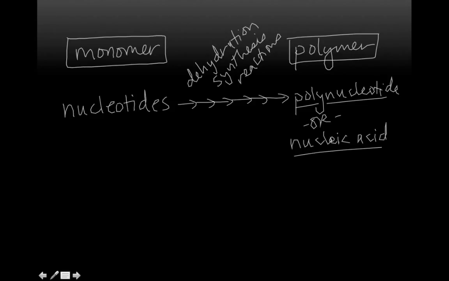There are two types of polynucleotides or nucleic acids, and so those specific examples are DNA, or the other example is RNA. These are very similar polynucleotides. However, there are some differences. Let's begin with similarities. They're both built from monomers called nucleotides, and the basic structure for a nucleotide is a phosphate group.